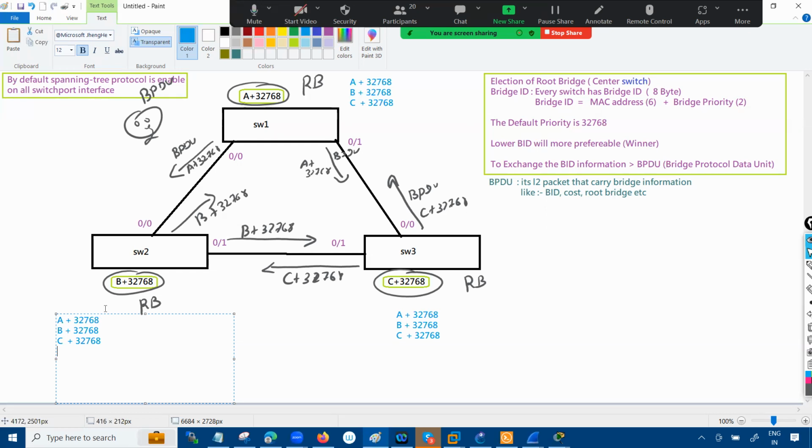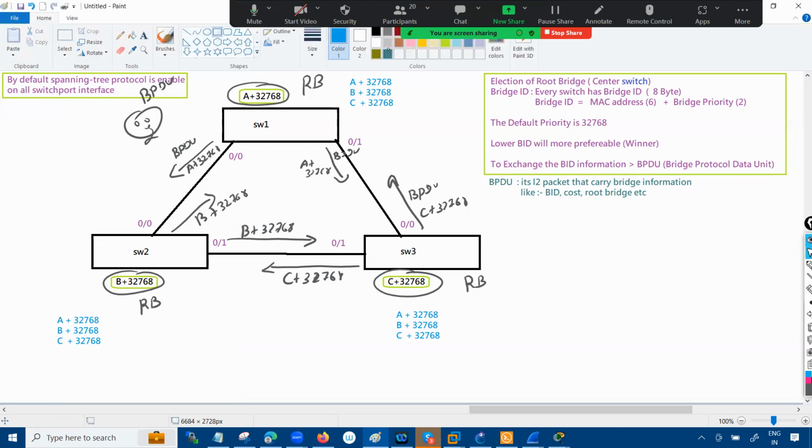Now what? Every switch is going to look up who has the lower bridge ID, because the lower will be the winner. After looking at each and everything, which field will it look at first?